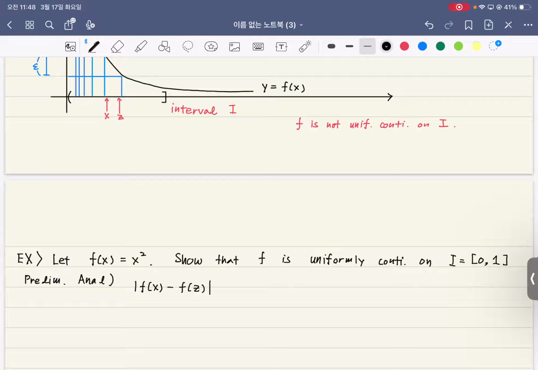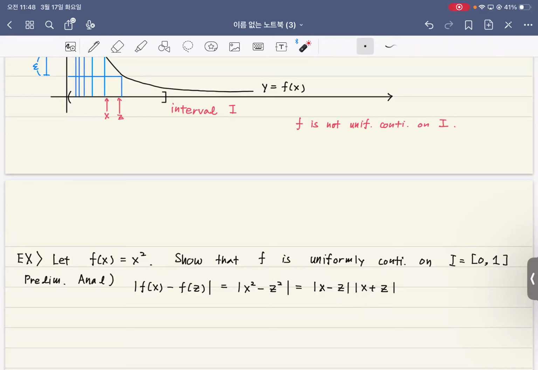So f of x minus f of z, the difference of the function values, is x squared minus z squared. Factoring this out, it is x minus z times x plus z. I'm looking for some kind of upper bound of this.